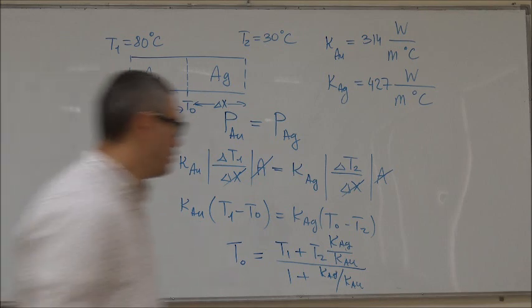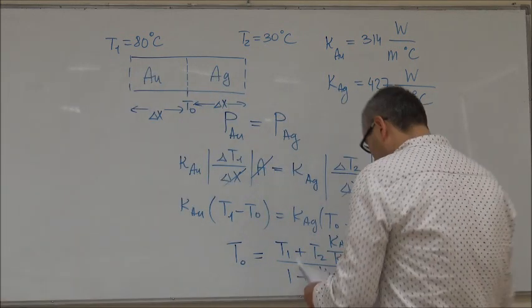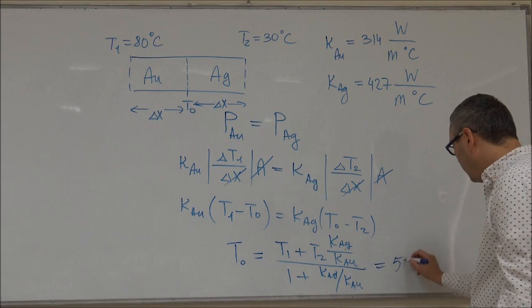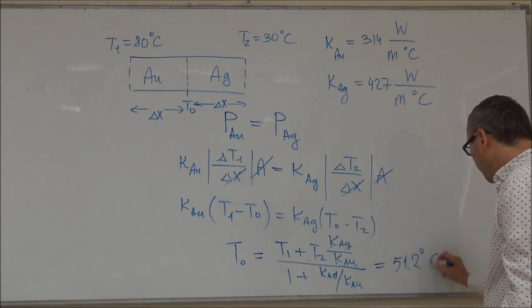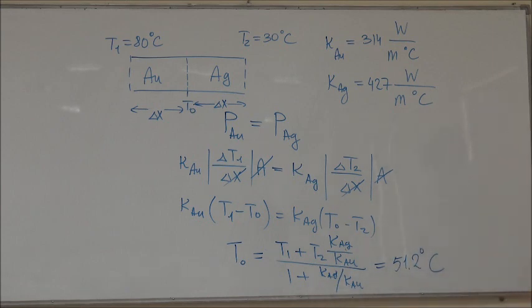Okay, then you just substitute for the numbers and you should get 51.2 degrees C for the temperature in between. That's it.